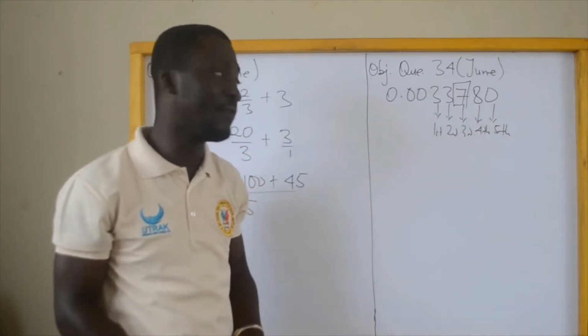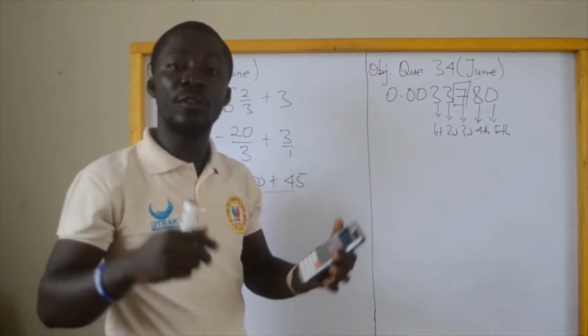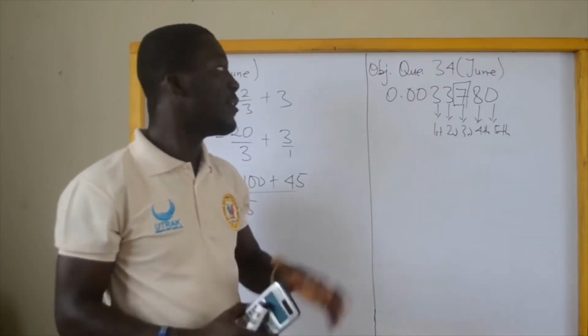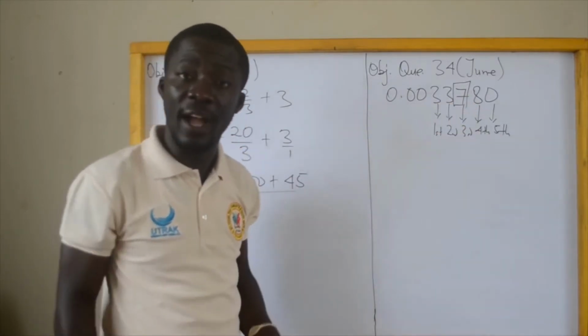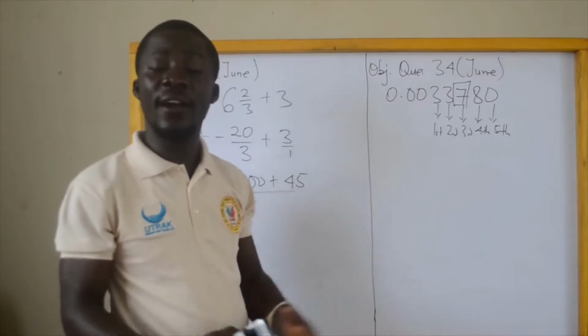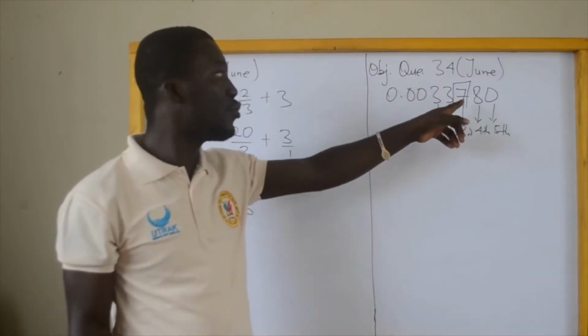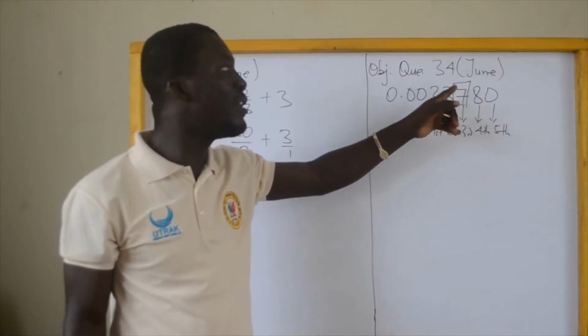We ask ourselves, is 8 greater or equal to 5? If it is greater or equal to 5, then we add 1 to the digit 7, which is going to give us 8.